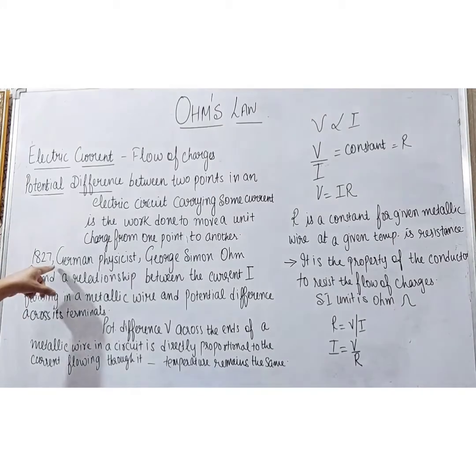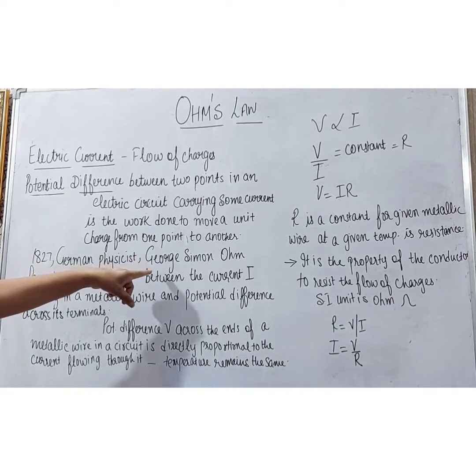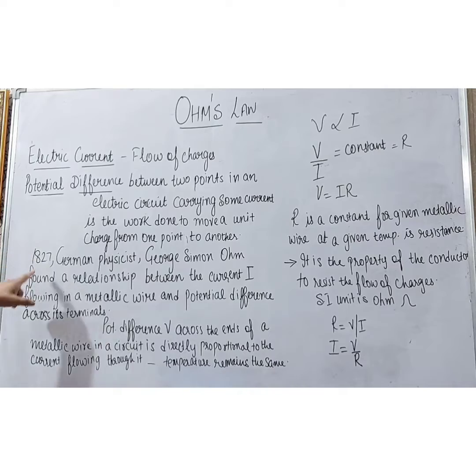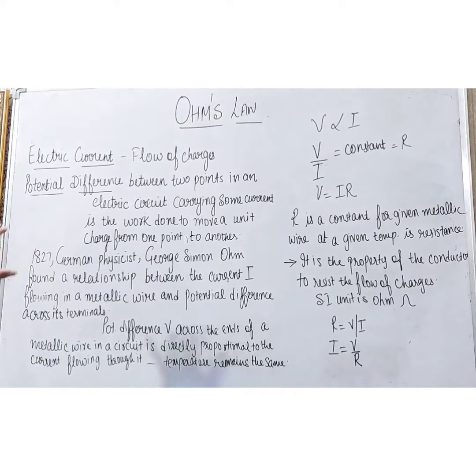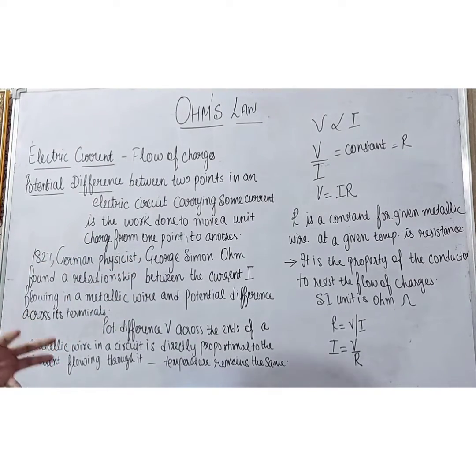In 1827, German physicist Georg Simon Ohm found a relationship between what? Between the current flowing in a metallic wire and the potential difference across its terminals.